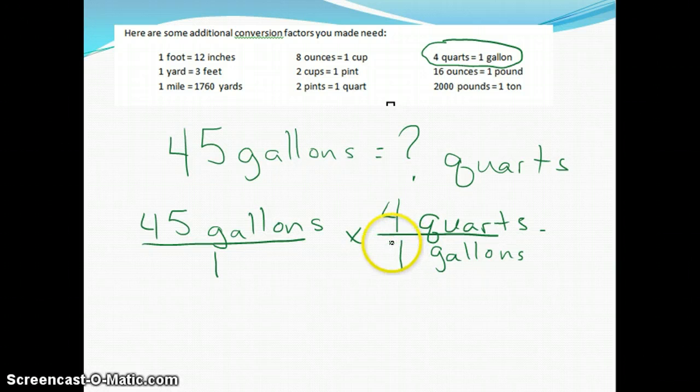So 45 times 4, I have to grab a calculator for that. 180. So our answer, 180. We canceled out our units of gallons, and that left us with the unit of quarts.